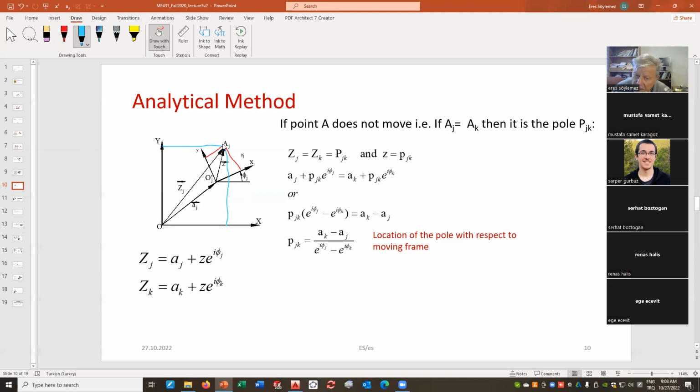Small Pjk, this vector, is equal to Ak minus Aj, the difference, divided by e to the I phi j minus e to the I phi k. This is the location of the pole with respect to the moving frame.